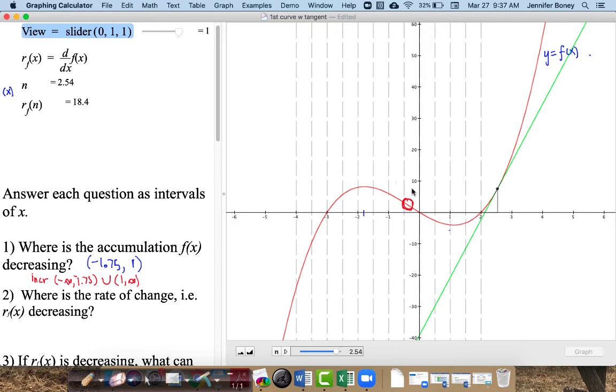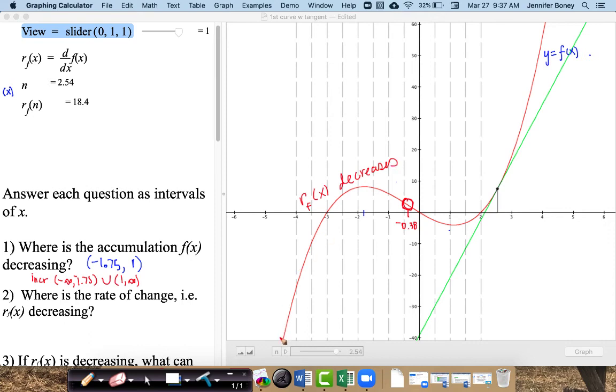So up to about, this was -0.38, I believe was the number that showed on there. To the left of that, f prime of x is decreasing.